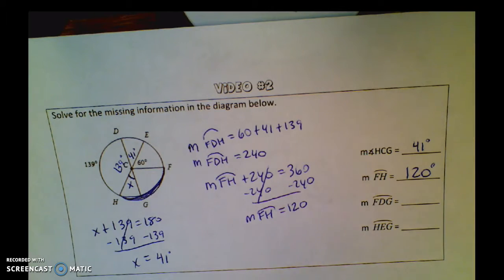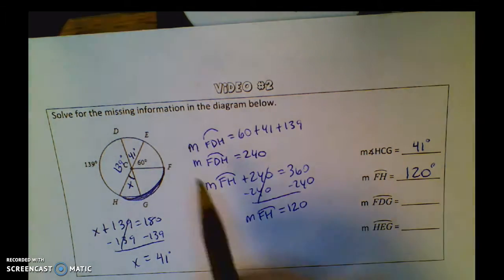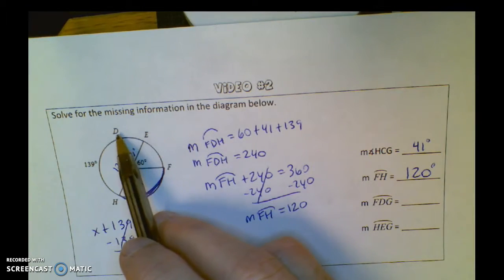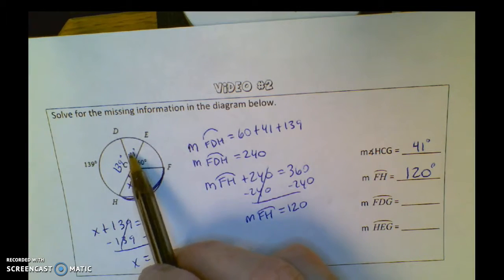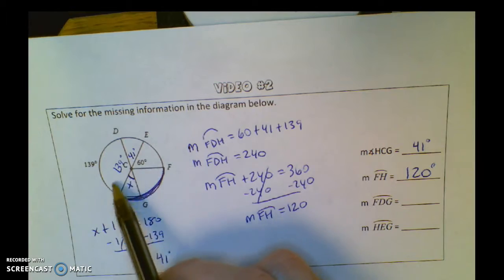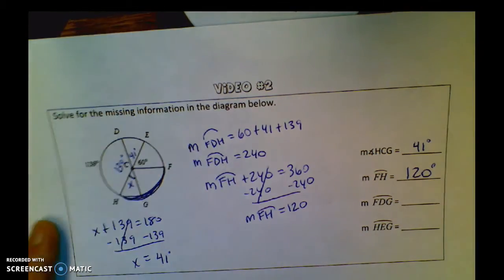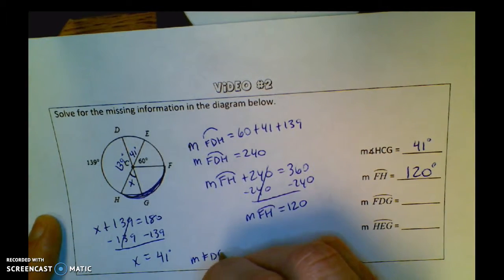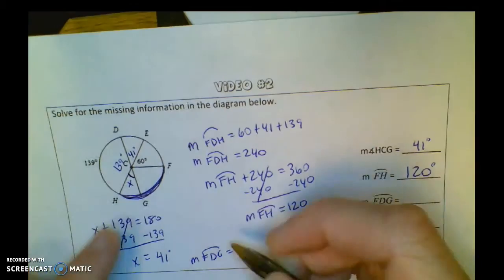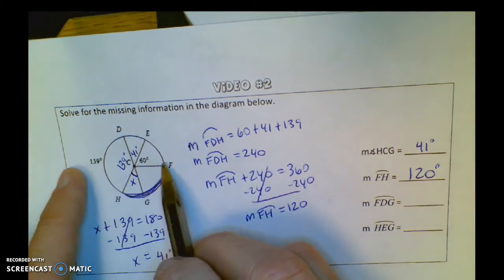Okay, the next one asks us to find the measurement from F to G of that arc. So I have values for each of those angles now. All I have to do is add them all together. I know this x is 41 because we solved for that already. So the measurement of FDG is just adding up all these central angles that form that arc.